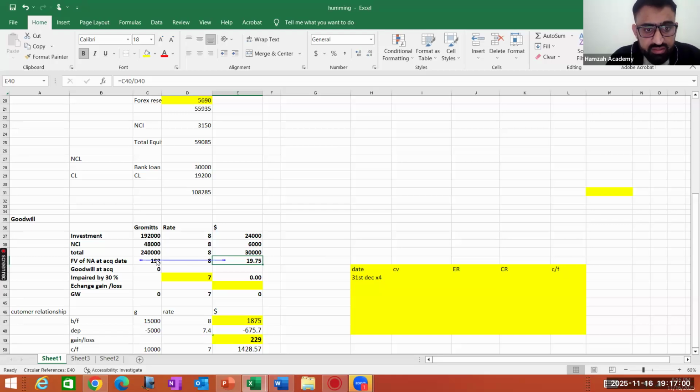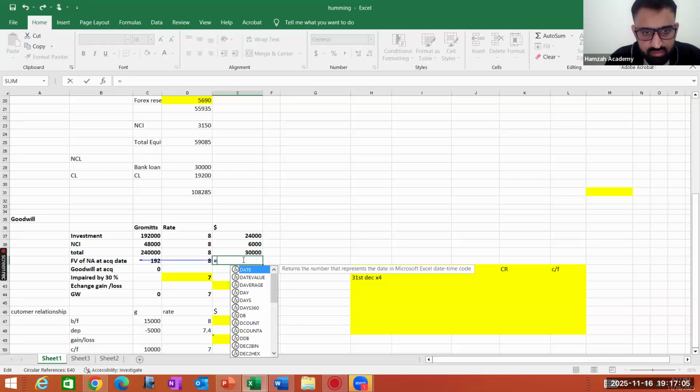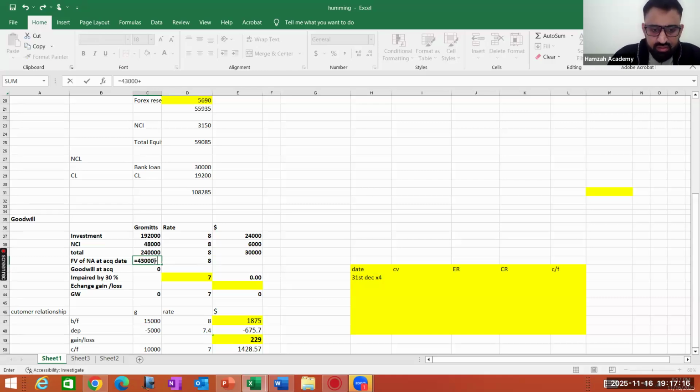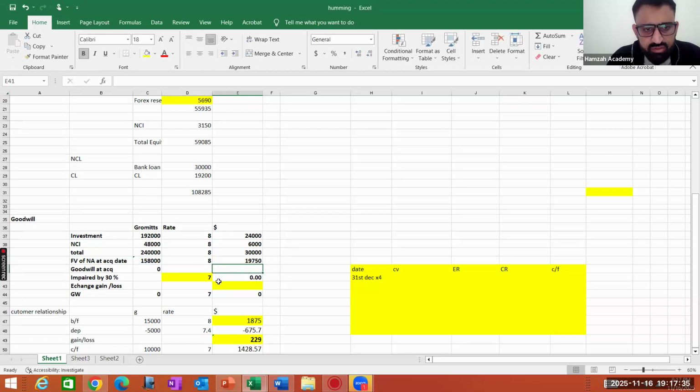And the fair value of the net assets, if we talk about it, was 43,000, 50 million dinar into 2, plus 15,000. And in terms of dollar, it will become 19750. I am doing all the working in 30 comma.